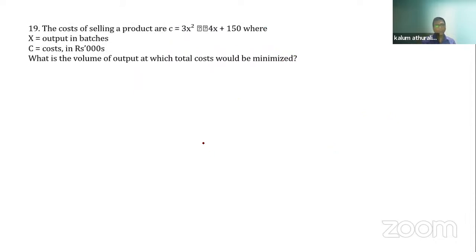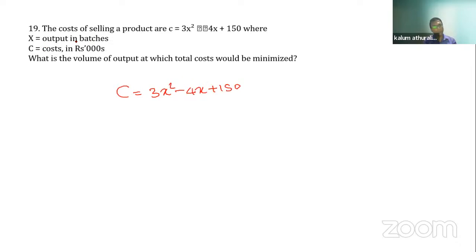It's 19. The cost of selling product C equals 3x squared minus 4x plus 150.